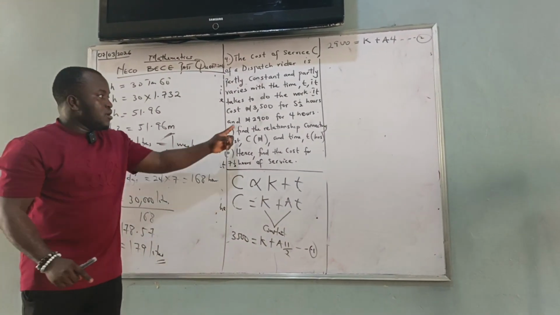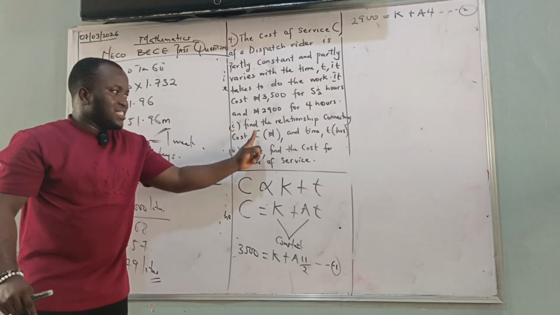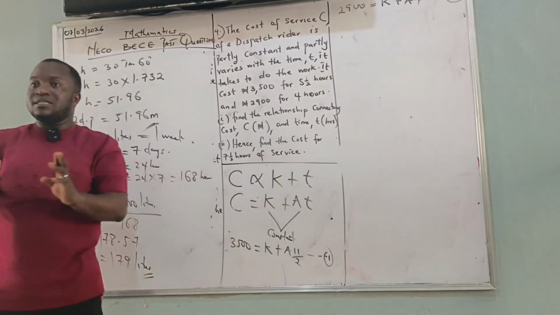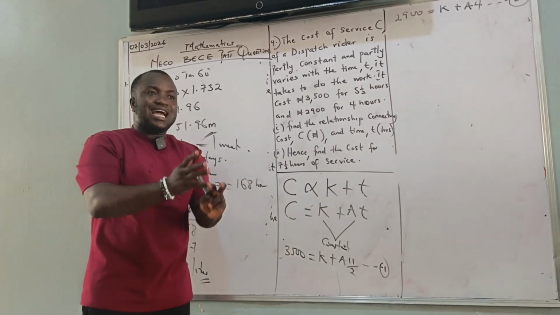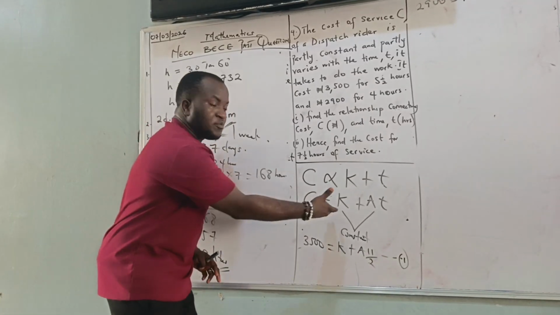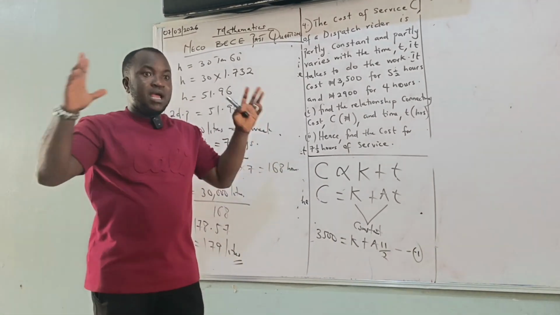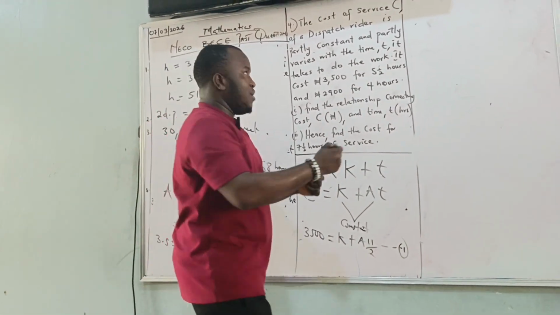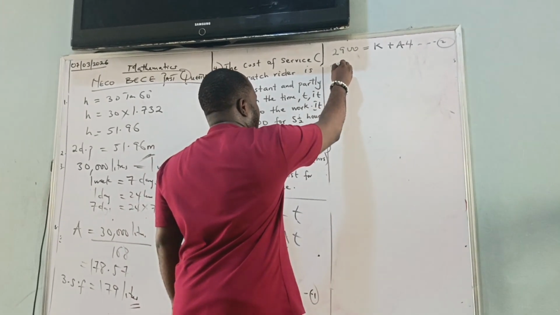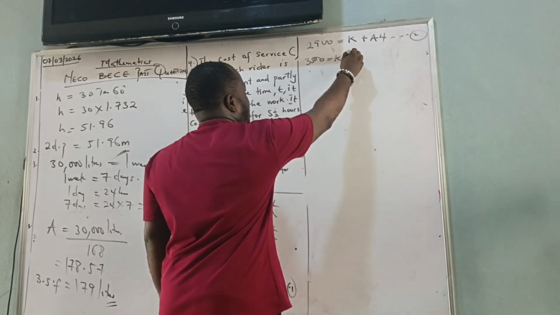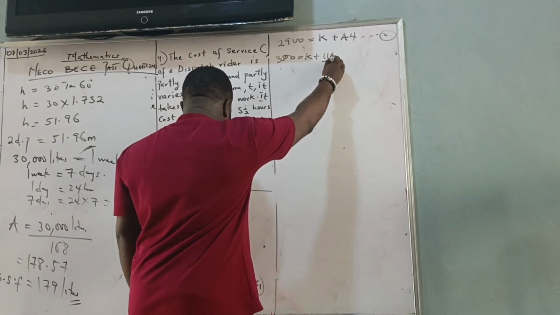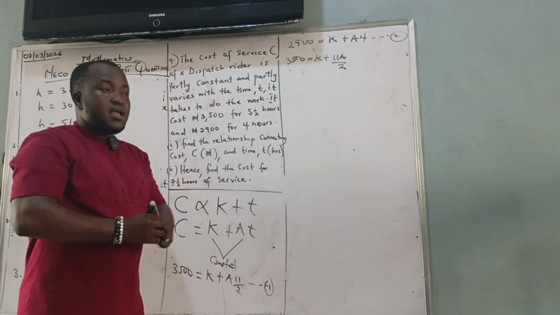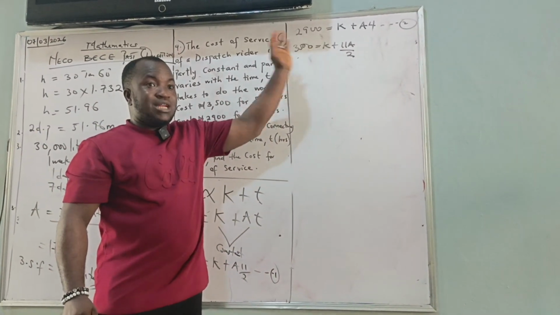What's the question? Find the relationship connecting C in naira and t in hours. So that means we must get the two constants, and then substitute them to get the relationship. Equation 1 is 3,500 equals k plus 11a over 2. I want to remove the 2 so that it will be linear.